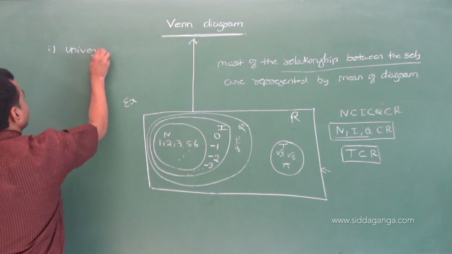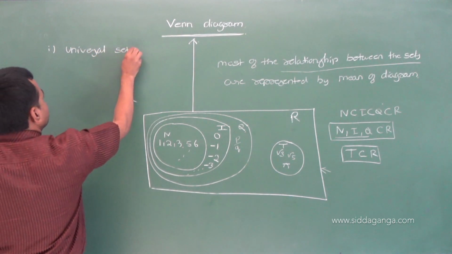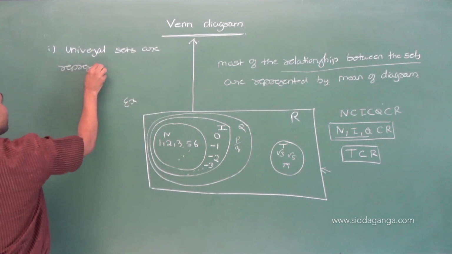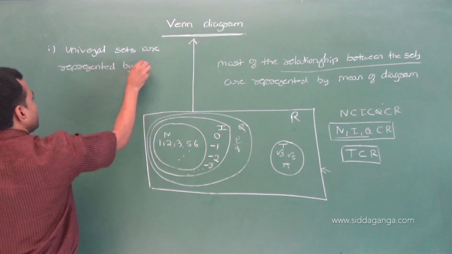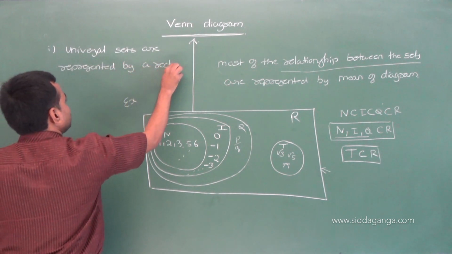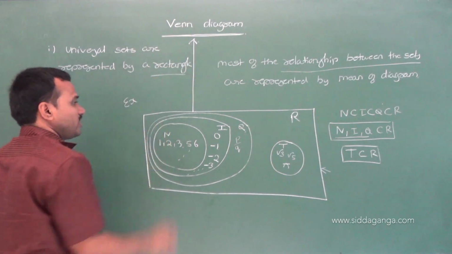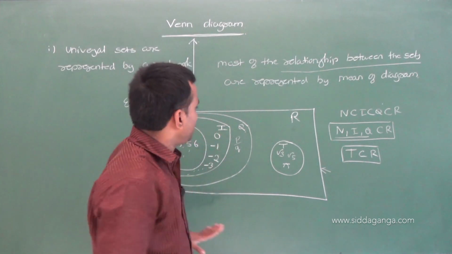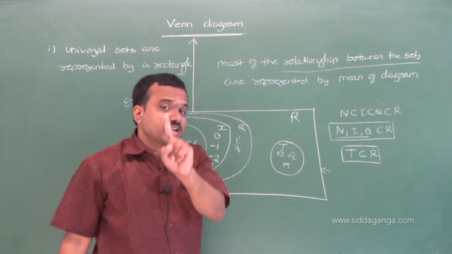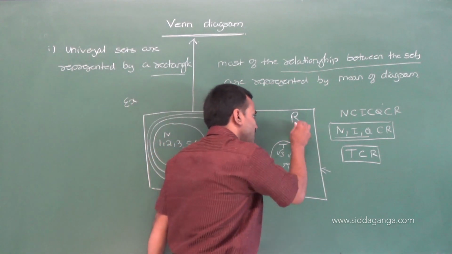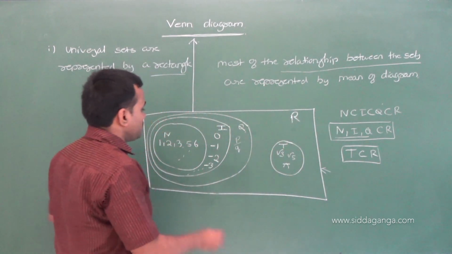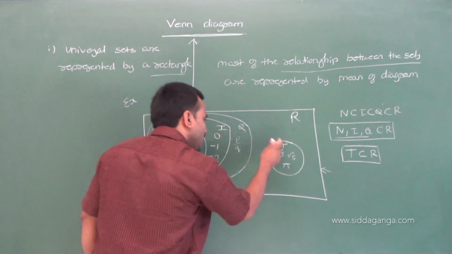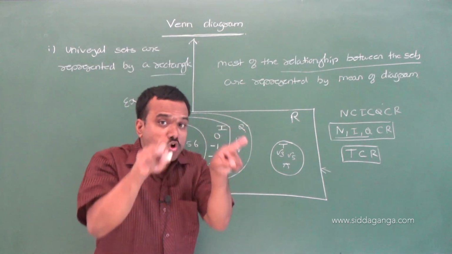First one: universal sets are represented by a rectangle. Understand? So always in a Venn diagram, very important, universal sets are represented by a rectangle. And natural numbers, integers, rational numbers, irrational numbers are represented by a closed curve.